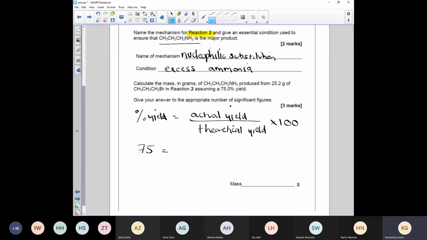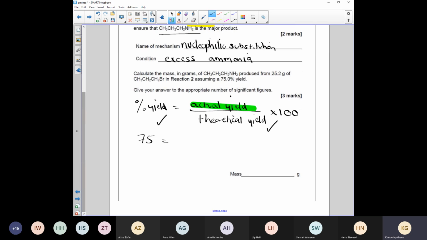So this here is what we want to actually work out, calculate the mass in grams of that produced. We already have the percentage yield, so we need the theoretical yield. The theoretical yield is what we would get if all of that 25.2 grams of our halogenoalkane reacted.